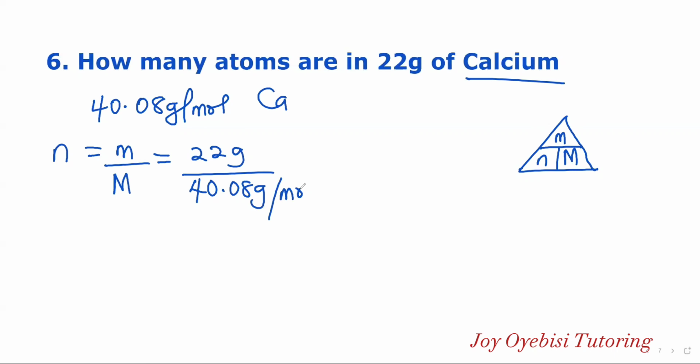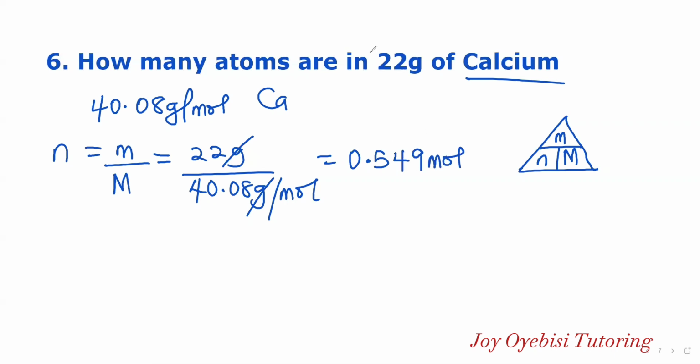This is the same thing as saying times mole, so it doesn't matter. This is going to go up, so this cancels out the grams. Your N is then 22 divided by 40.08, and that gives us 0.549. Although this is not the final answer, you can keep going until the end, so I'm just going to leave this in 3 significant figures for now.